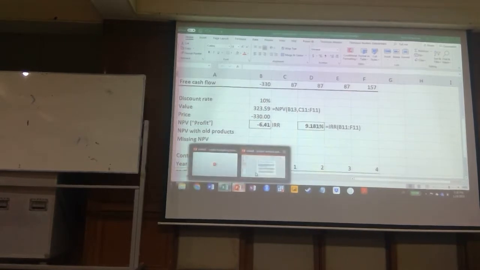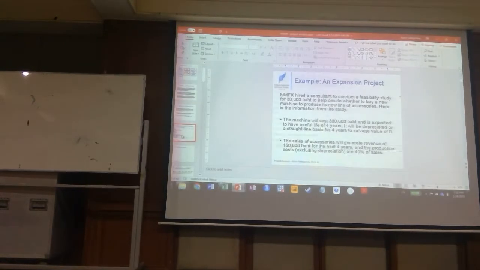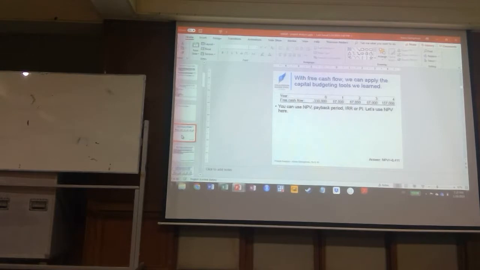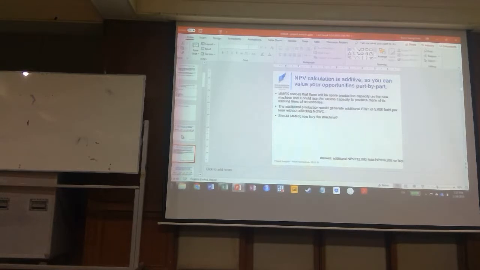Let me add one more piece of information and then we'll take a break after this. It's negative, we're not going to do it, fine. But suppose the consultant noticed something. By the way, when you asked me to do the feasibility, I only looked at a new product. But it turns out the new machine you're going to buy is capable of producing the old product as well.